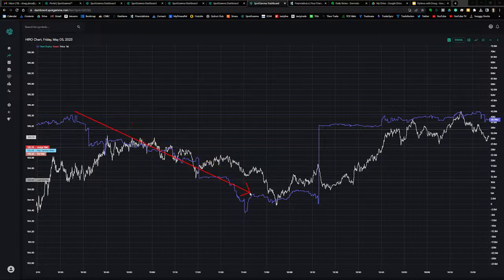Notice Hero falling, and then price follows a little while later. These large block orders shown by this vertical line in Hero really kind of obscure the signal.